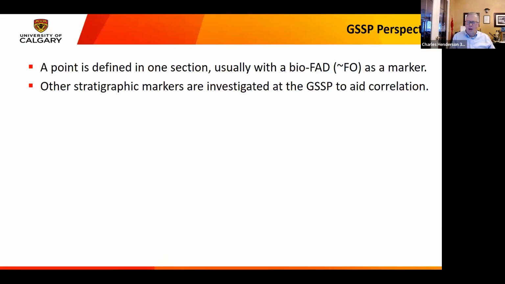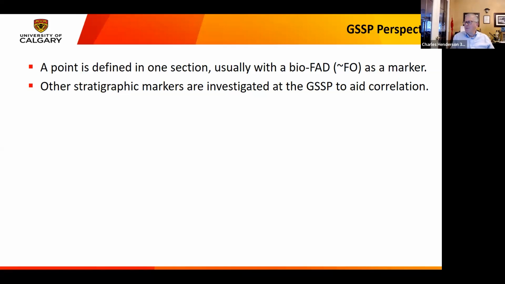I just want to put a couple of comments out about putting GSSPs into perspective. The point, as we all know, but we seem to forget from time to time, is defined in one section. There's usually a marker, like a species first appearance datum, that is used as a marker, but the point is defined in one section.